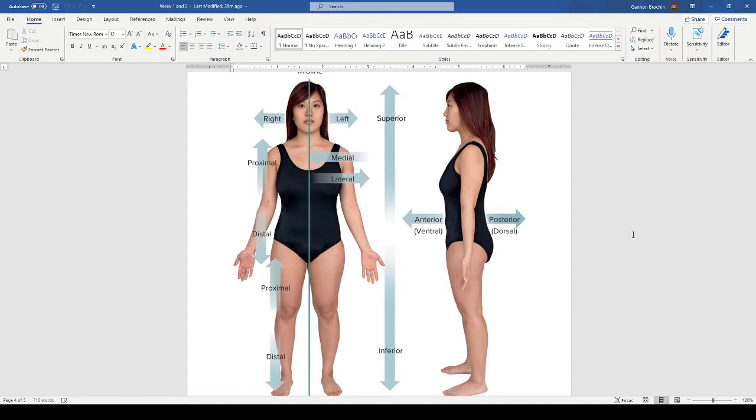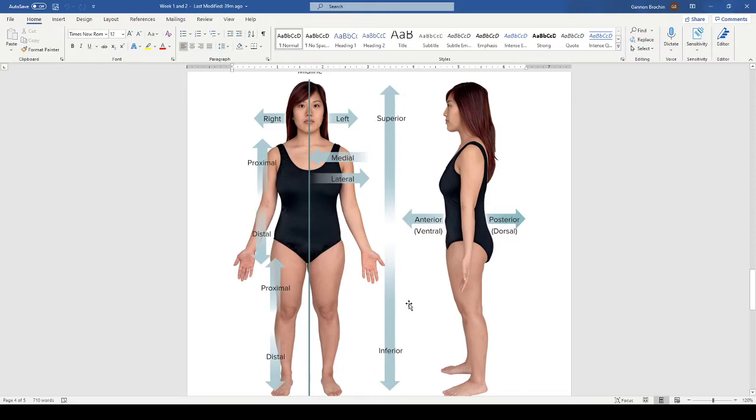Next, there is a medial and a lateral. You can see the blue line drawn down the middle of the individual. Medial is going to mean closer to that blue line, whereas lateral is going to mean further away from that blue line. It also doesn't mean that it has to be at the blue line.